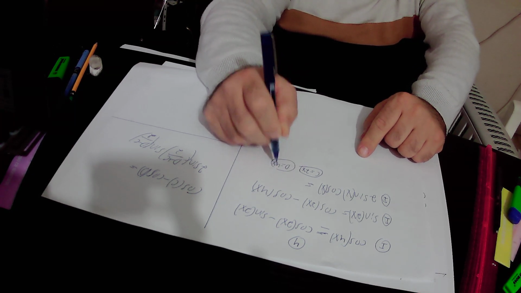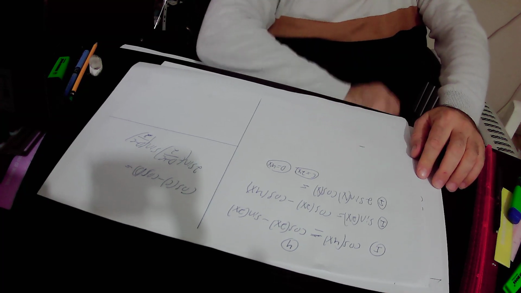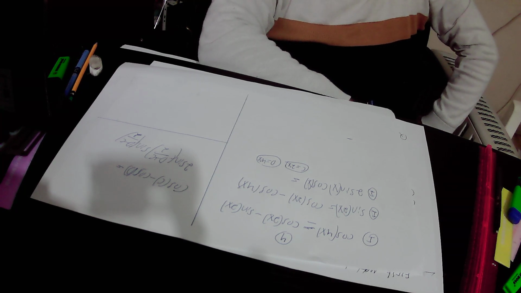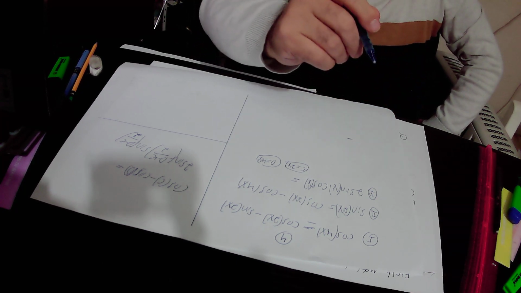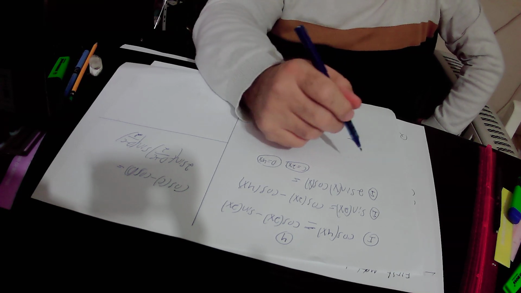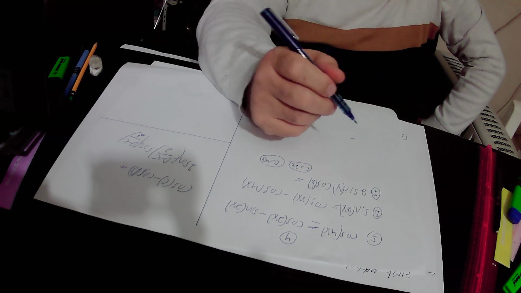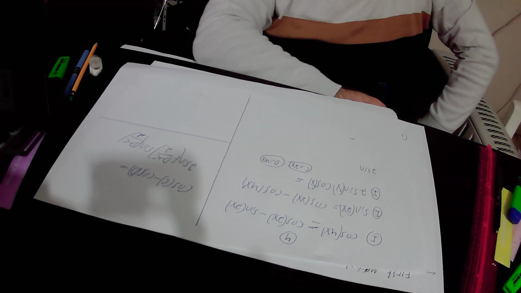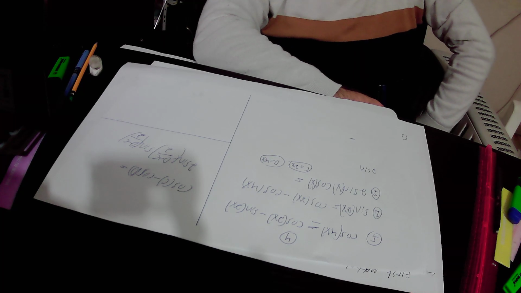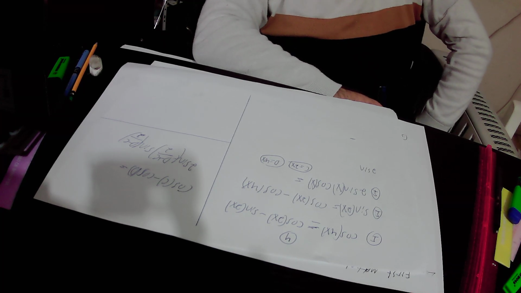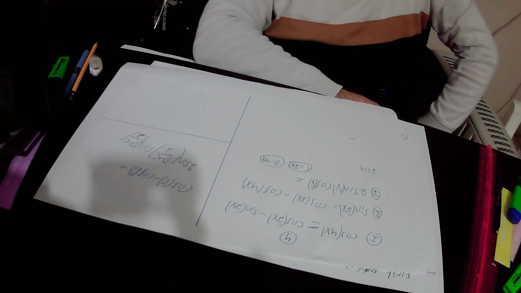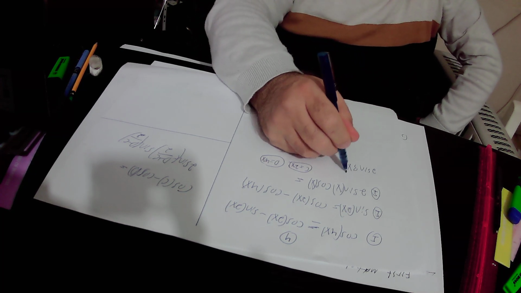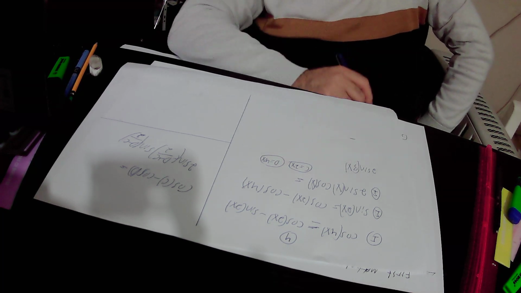So actually cosine C minus cosine D equals 2 sine (D plus C) over 2. D is 4x, C is 2x, so 2x plus 4x is 6x, 6x over 2 is 3x, times sine (D minus C) over 2.